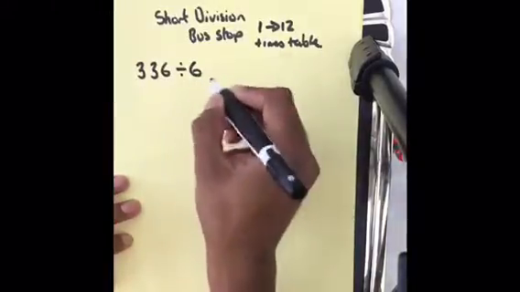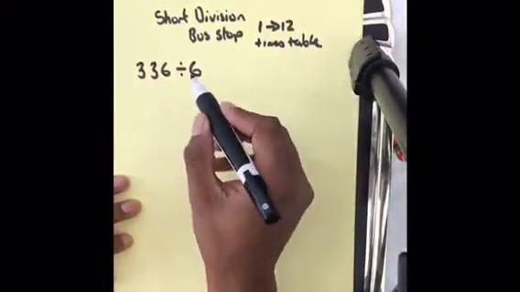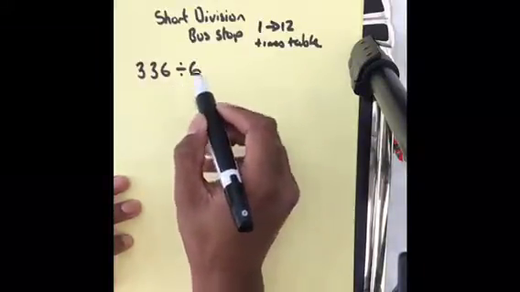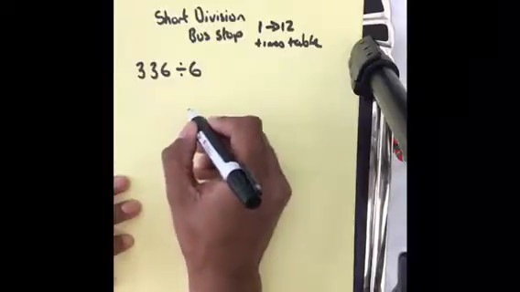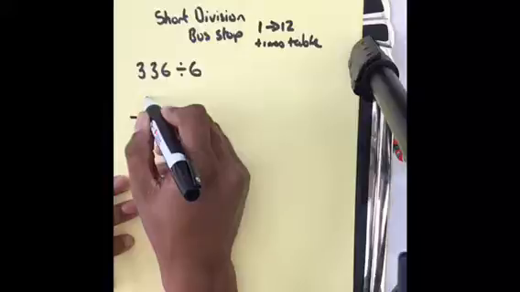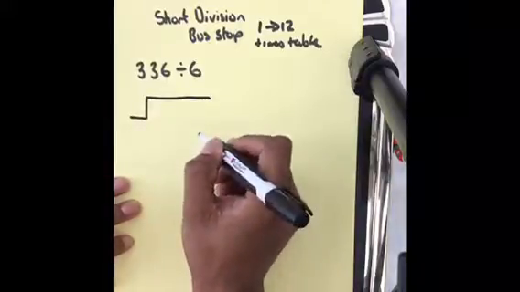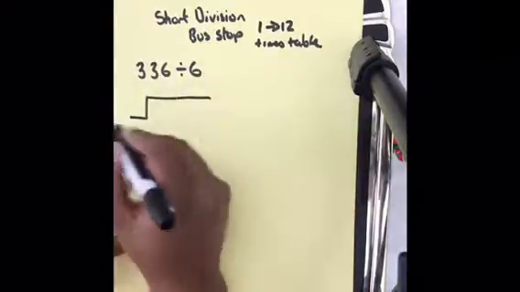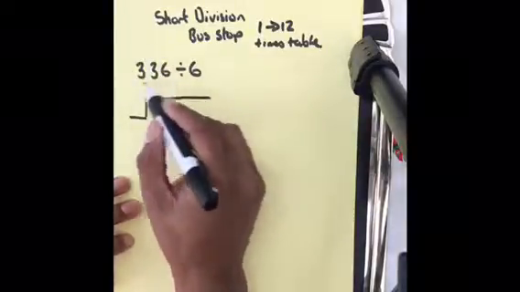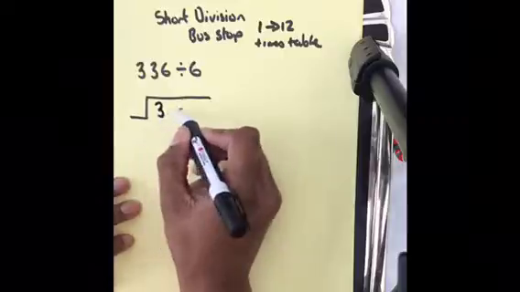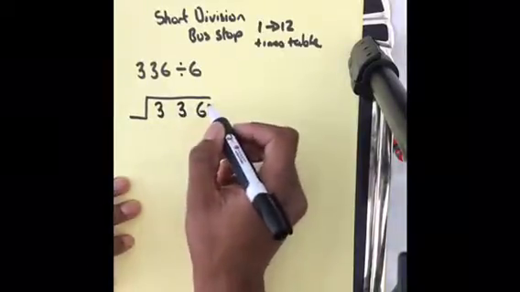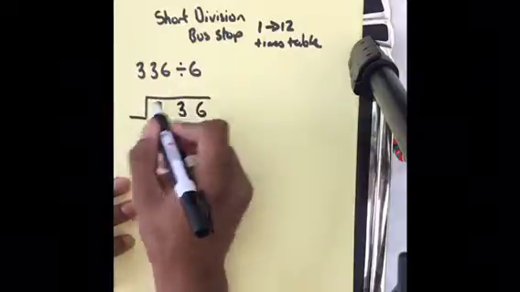The reason why it was called a bus stop is because you would first draw the shelter of the bus stop, and whatever number you say first gets to the bus stop first and would be under the shelter. So the first thing you say is 336. Write 336, leave space in between the digits, which will help you, and have a 6 on the outside.